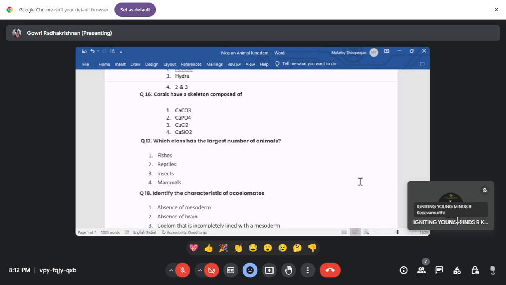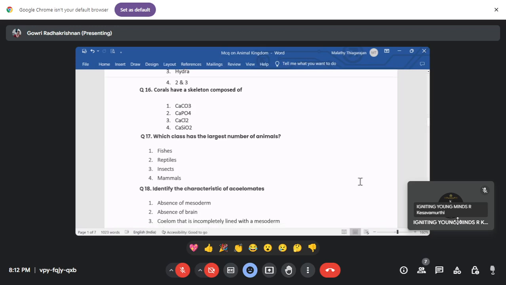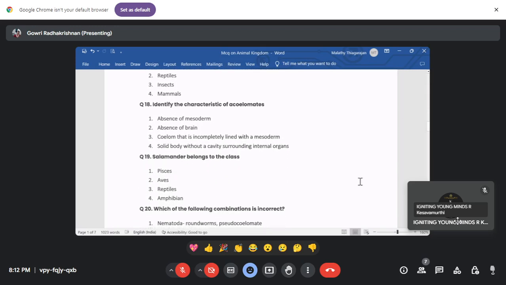Which class has the largest number of animals? Insects, ma'am. Yes, right. Next, identify the characteristic of acoelomates. A solid body cavity without surrounding internal organs, correct.